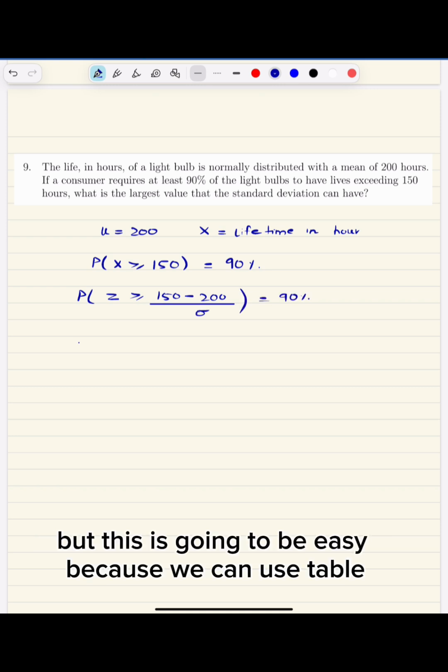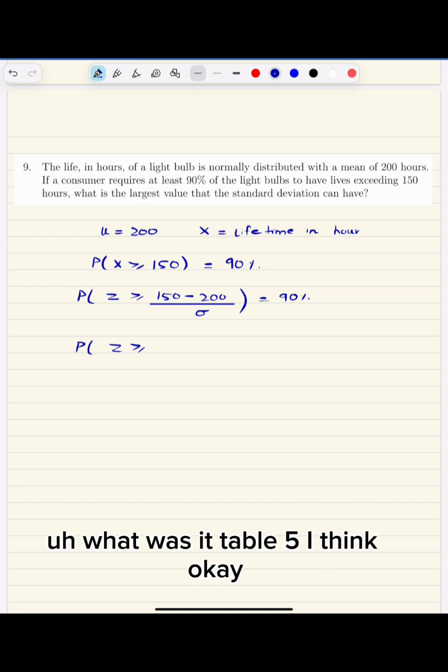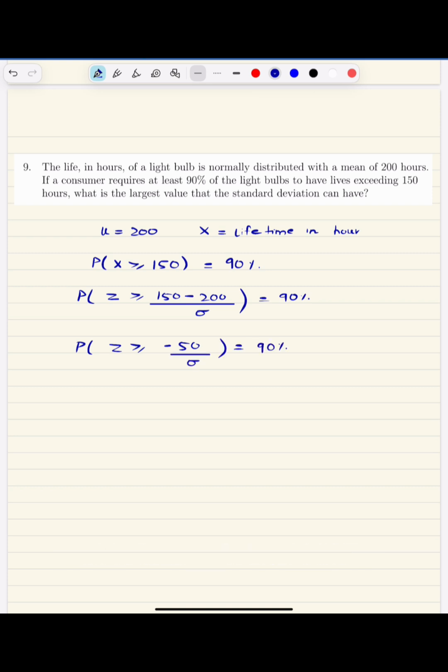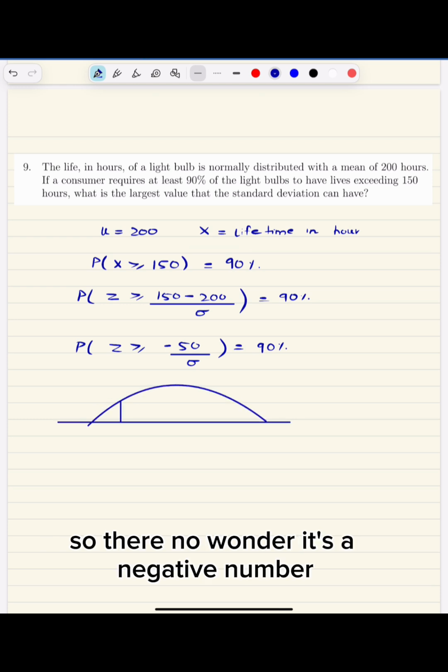But this is going to be easy because we can use table 5, I think. So this becomes minus 50 over sigma equals 90%. If the area above a point is 90%, no wonder it's a negative number.